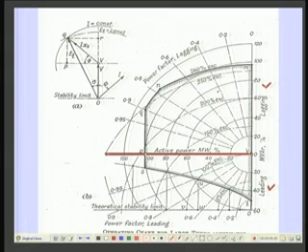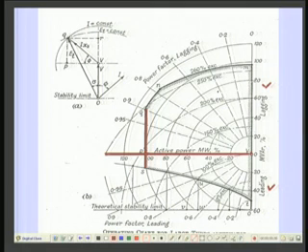For example, this line which is drawn here shows the maximum real power output which the generator can deliver. This is the maximum real power output which one can generate.